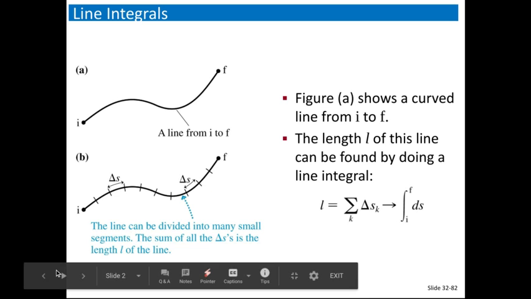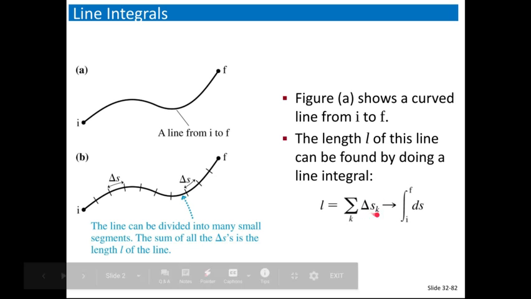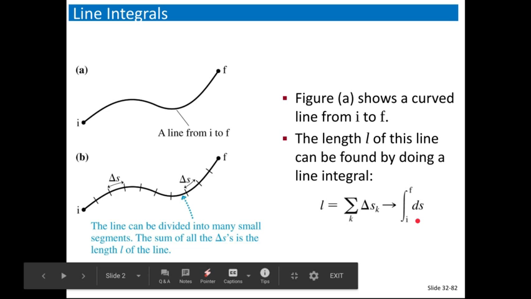Now that sounds all fanciness, but really you see it's not that fancy. If I wanted to go mathematically, what I say is I would take the sum of all those chunks, and if those chunks happen to be infinitesimally small, I might say I'm taking the integral from start to finish of all those ds's, infinitesimally small chunks.